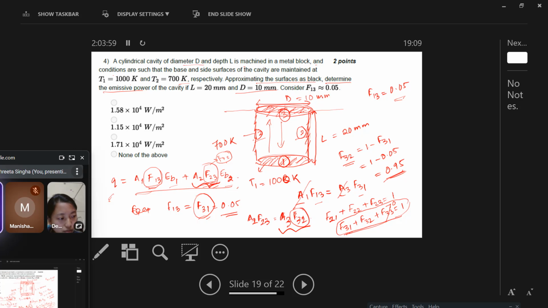From exam questions, yeah, there are lots of geometries. So we will solve around 10 to 15 questions of each different geometry. Okay. You're asking me to come with more questions of view factor like that? Yes, yes. Okay.